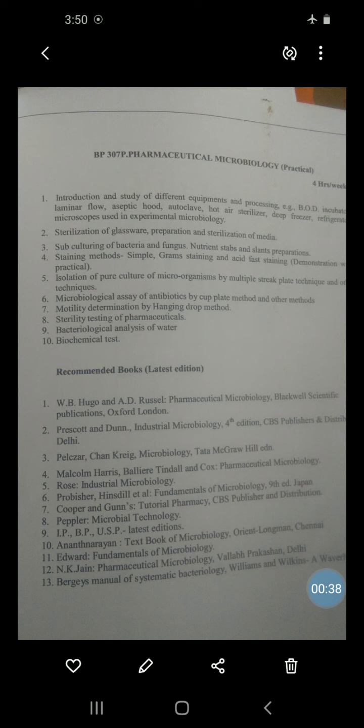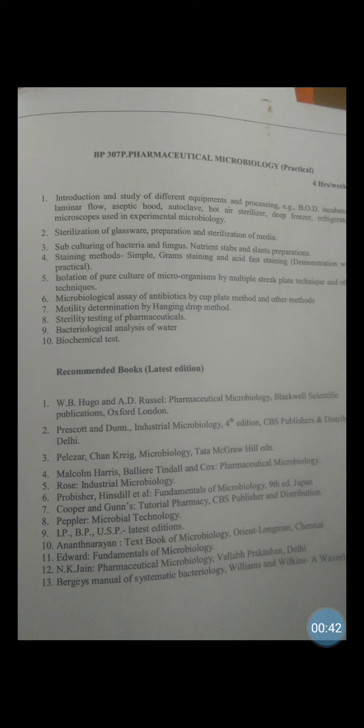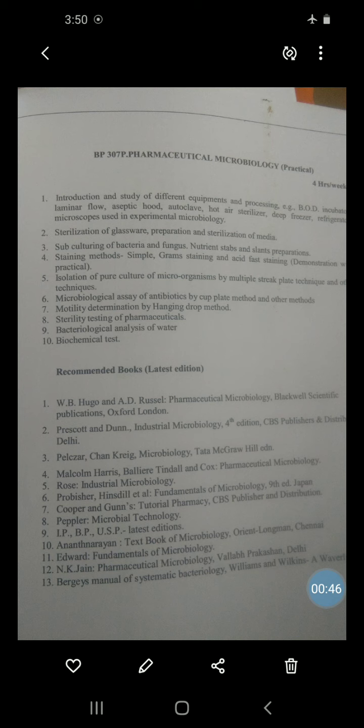Acid fast staining is one of the most widely used differential staining procedures in bacteriological study.